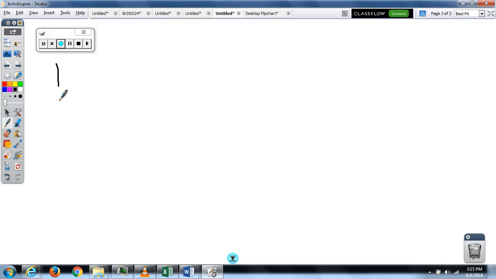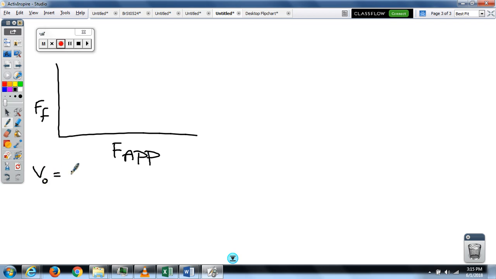So you might recall a graph of friction and some applied force. If we start at rest, v initial equals 0, and I apply a force and get no motion, then that means that there must be a force that is equal in strength to the force that I applied.